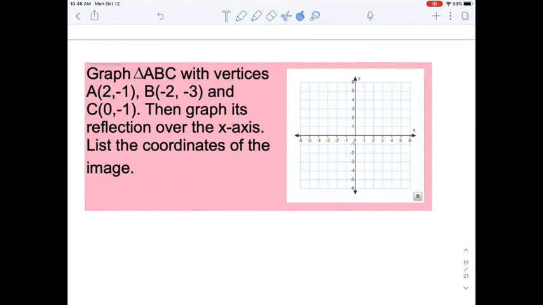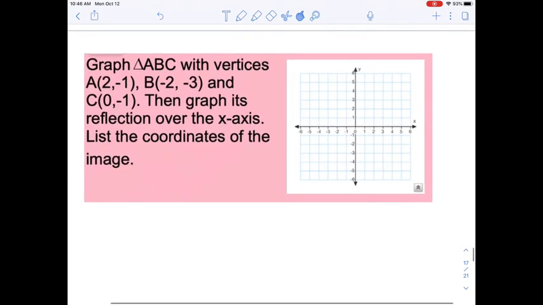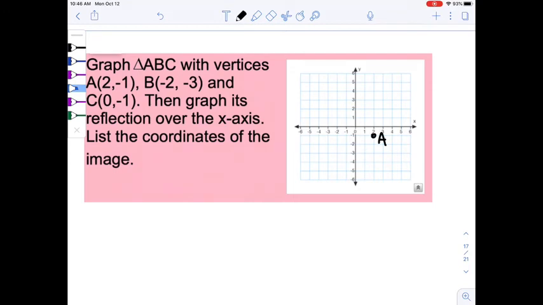All right, we're almost done. This one says graph ABC with vertices A, B, and C, then graph its reflection over the x-axis. List the coordinates of the image. So I'm first going to graph our triangle and label my vertices.